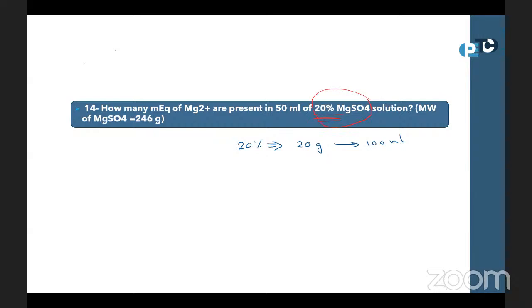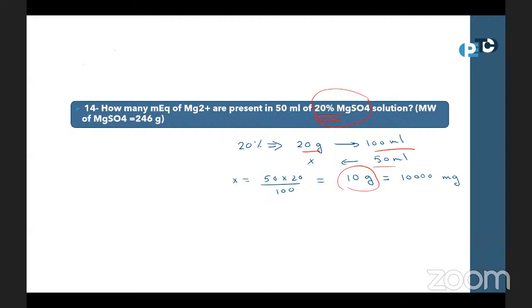It means 20 grams present in 100 milliliters. But we need 50 milliliters. So 50 milliliters contain how many grams of magnesium sulfate? It will contain 10 grams of magnesium sulfate.